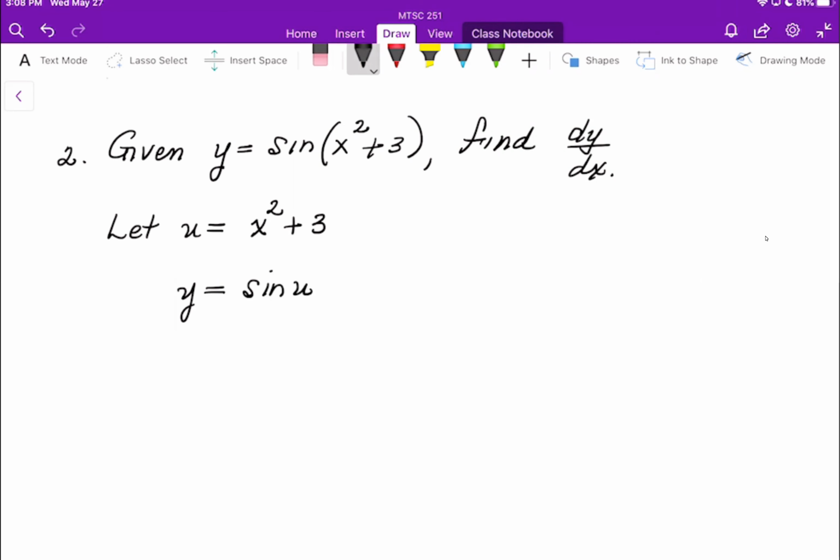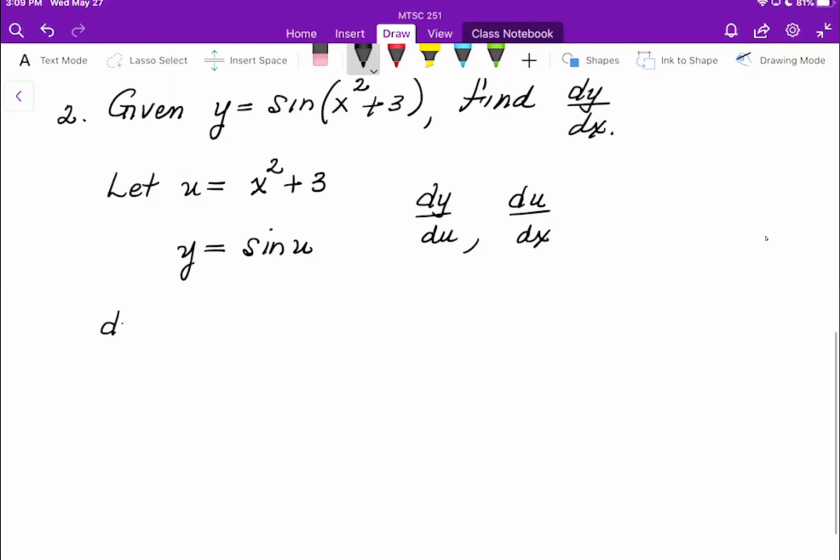Now we already know that we need dy/du and we need du/dx. So dy/du, the derivative of y with respect to u, is just cosine u. And du/dx is the derivative of u with respect to x, and that's just 2x.